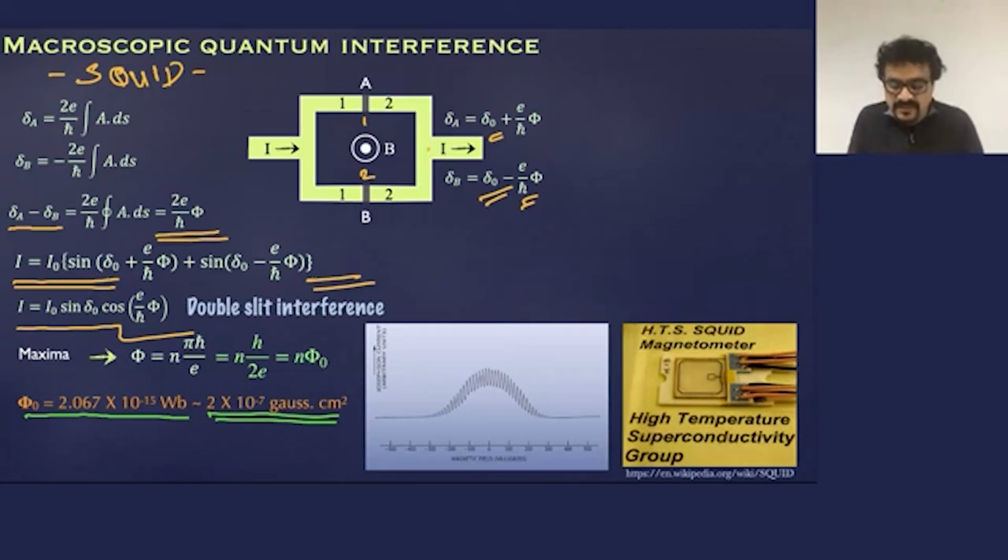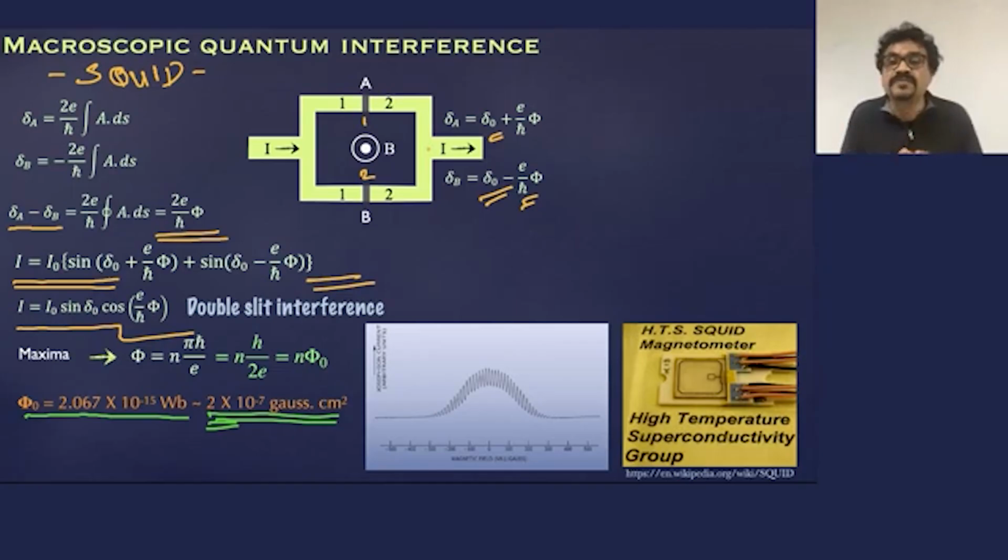This is an interesting aspect, where one can use this to detect a change in a very small field. If the field changes by this much, you get a complete oscillation of the current. So this is what it is used for.